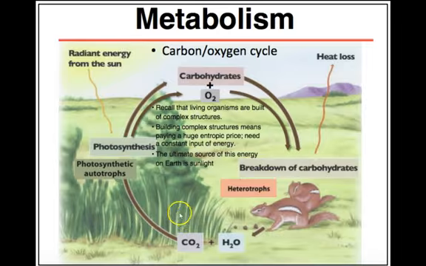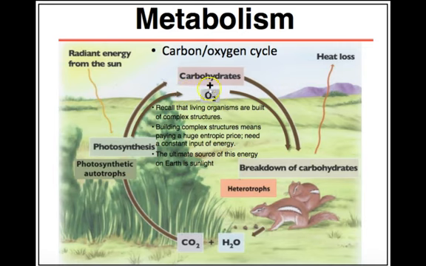As far as energy, the energy from the sun is traveling to the earth, and then the plants perform photosynthesis, and from there we get a contribution of both carbohydrates and oxygen.